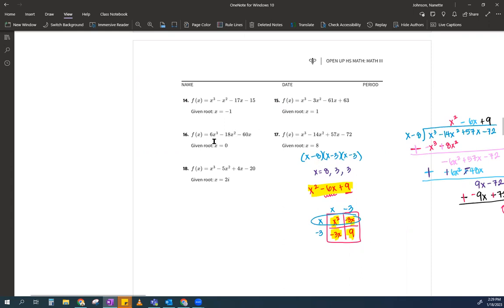Maybe it's a little too tiny. I'll read it: 6x cubed minus 18x squared minus 60x.